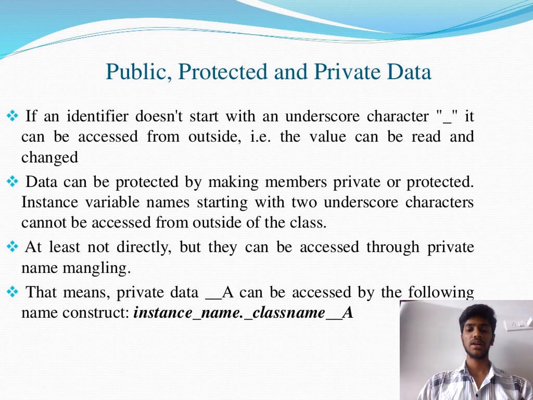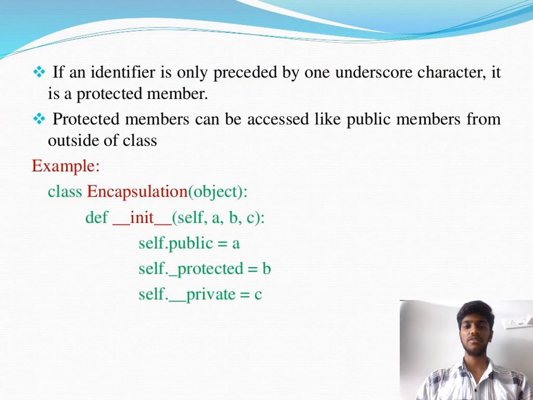That means private data __A can be accessed by the following name: instance_name._classname__A. If an identifier is only preceded by one underscore character, it is a protected member. Protected members can be accessed like public members from outside of the class.